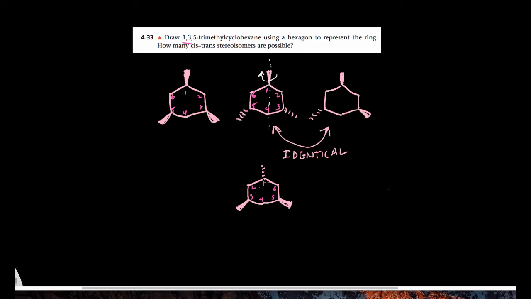Okay, so now if you take this and compare it to this one, so let's compare this structure to this structure. Well, all we have to do here is rotate this in that direction in the same plane.